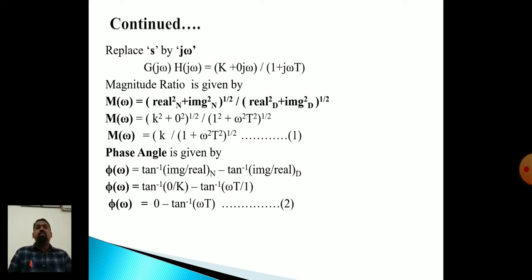The equation for magnitude ratio is M(omega), that is the square root of real part of numerator squared plus imaginary part of numerator squared, whole divided by the square root of real part of denominator squared plus imaginary part of denominator squared.